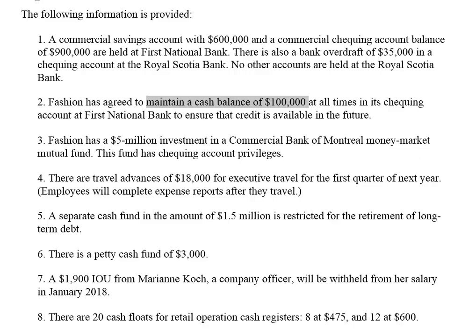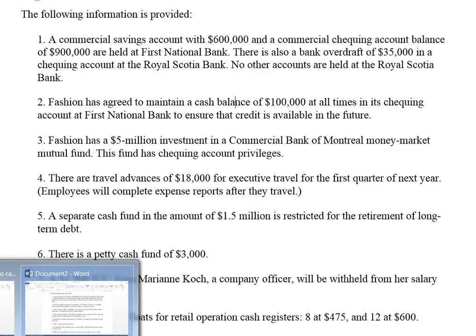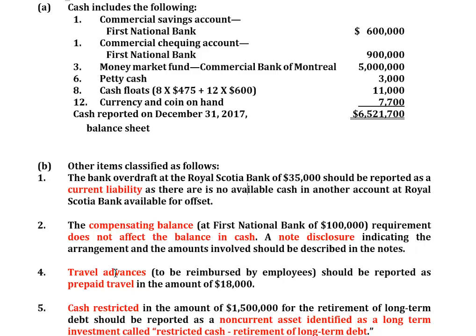So in our case, that's already in cash. So we wouldn't need to do anything to separate it out. You don't need to add it to the cash balance, deduct it from the cash balance, nothing like that. So what we would say here is that the compensating balance at the First National Bank of $100,000 is a requirement that does not affect the cash balance. It's already in these balances here.